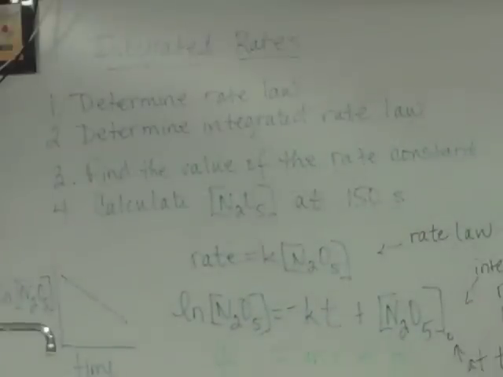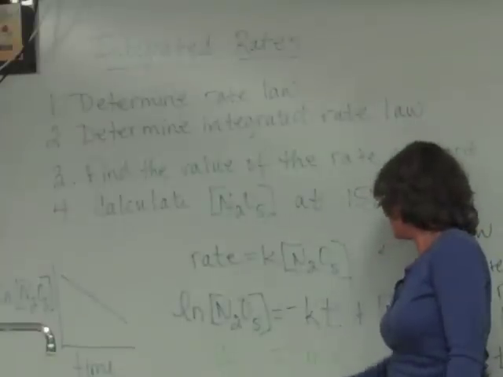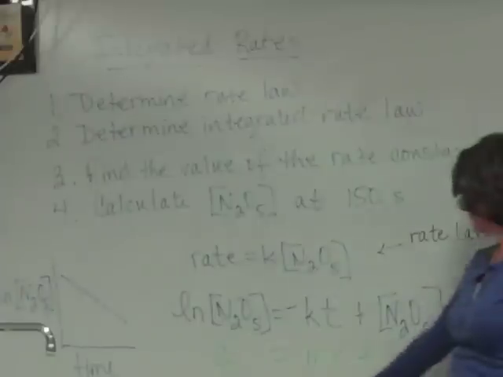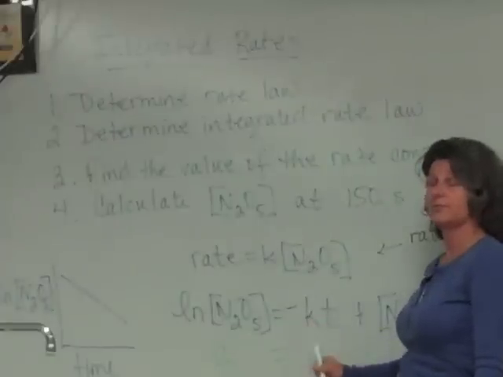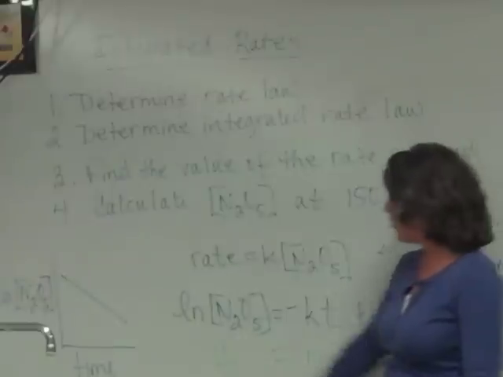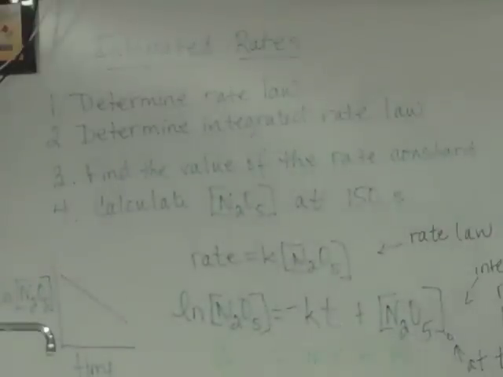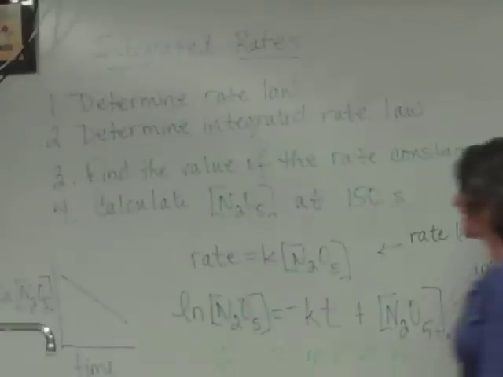This is actually in slope-intercept form: y equals mx plus b. The slope is equal to negative k, the slope of this line. And b is the y-intercept, the concentration at time 0.